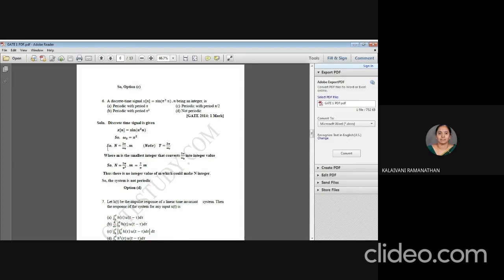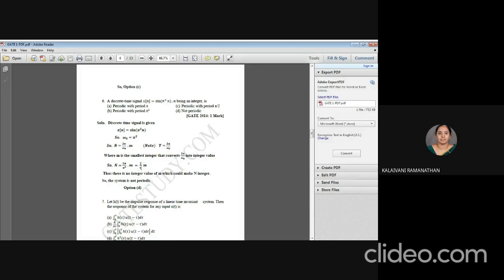So N represents the period here. N is given by 2 pi by omega naught into m, where m represents the least positive integer value. So you have to substitute for your omega naught. Here 2 pi by omega naught, with omega naught equivalent to pi square, becomes 2 by pi into m.